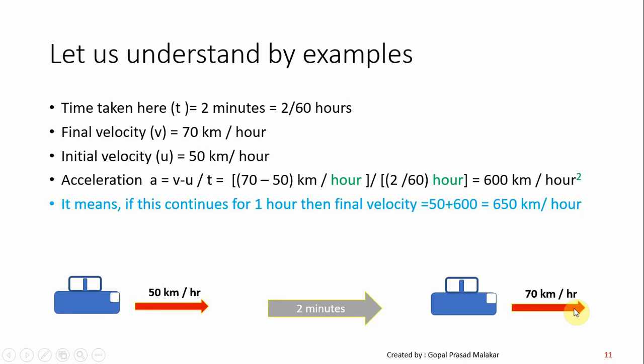The direction is same. When the magnitude is changing 600 km per hour, actually it means per minute it is changing by 10 km per hour. I'll make it more clear when I show one more example here.